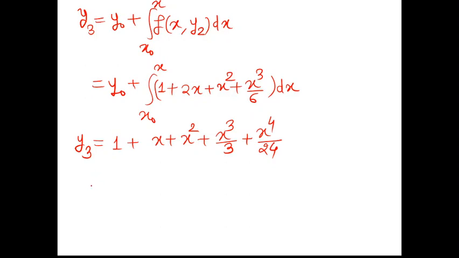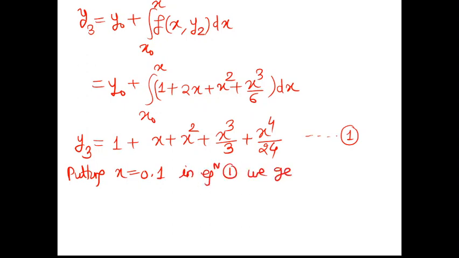Now our aim is to obtain the value of y when x is equal to 0.1 and x is equal to 0.2. So let's substitute x is equal to 0.1 in equation 1. Putting x as 0.1 everywhere, we get y of 0.1 is equal to 1.1103.